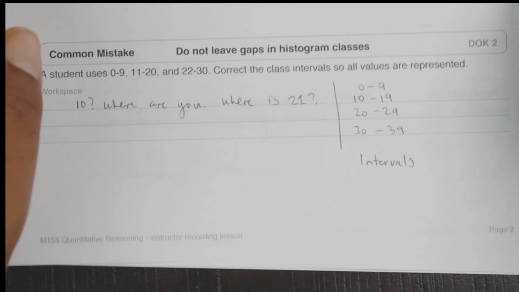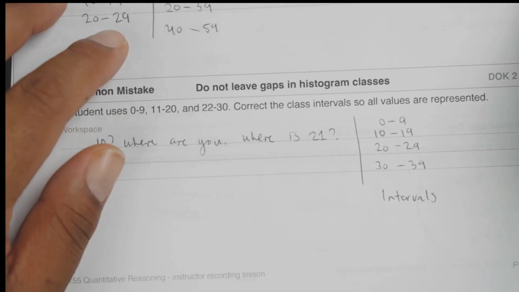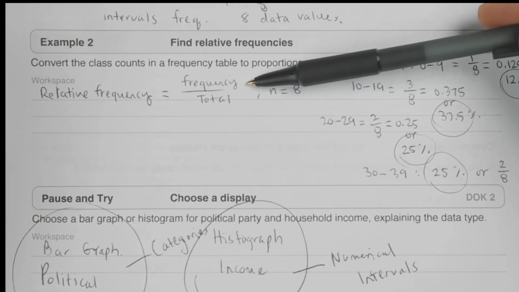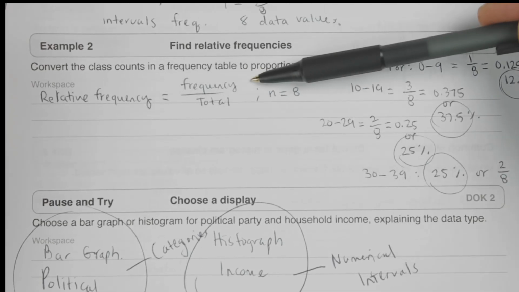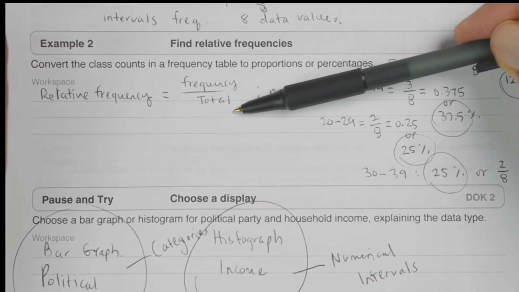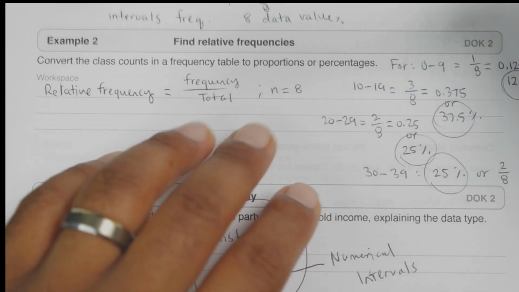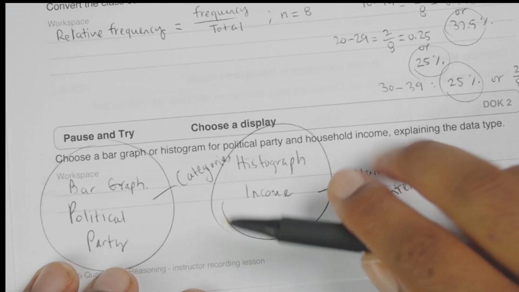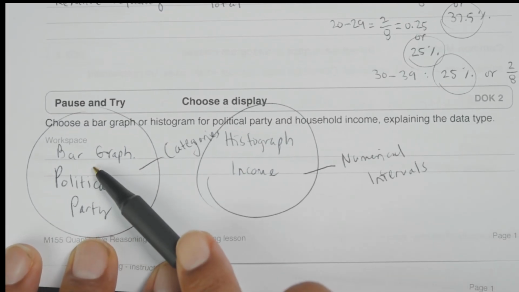Okay? So that's it for this lesson. Remember, relative frequency is equal to the frequency, or the number of times something occurs in an interval, divided by the total. And with respect to categories, you would use a bar graph.